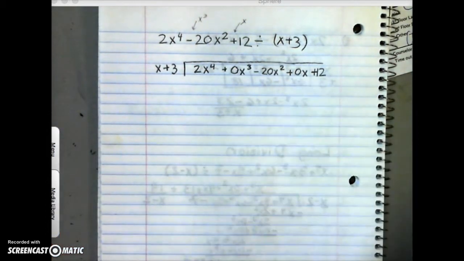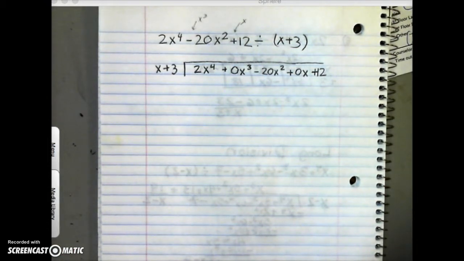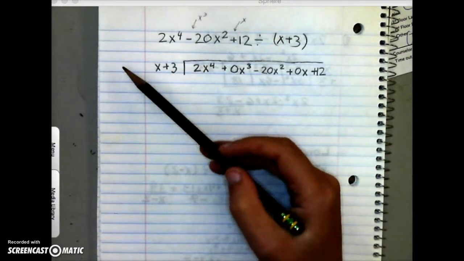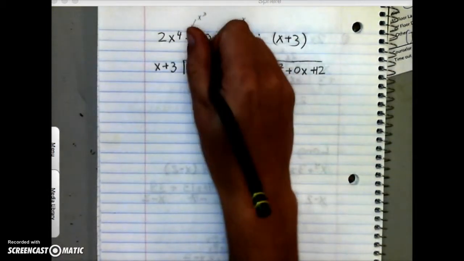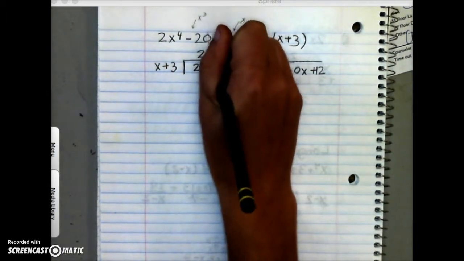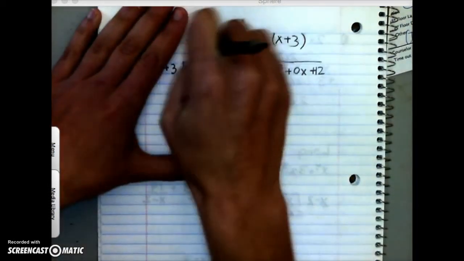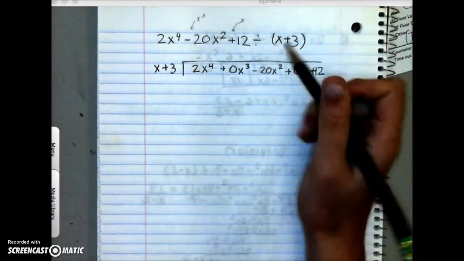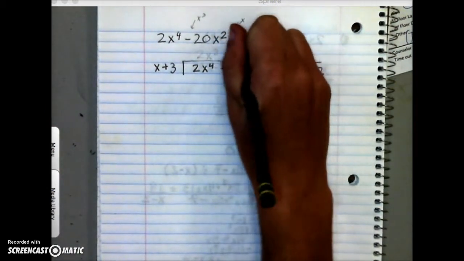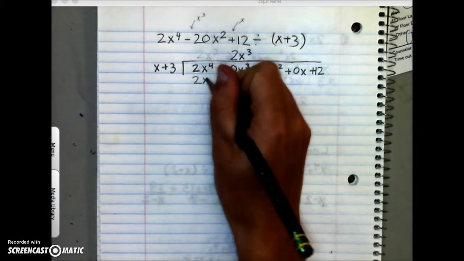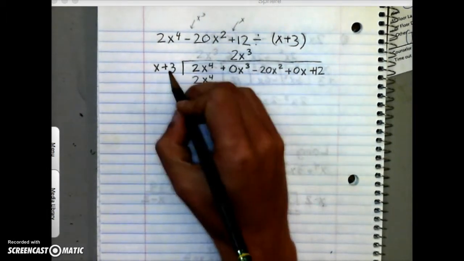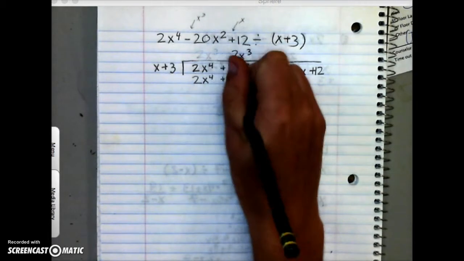Okay. And then we go through and we're going to ask ourselves that same question over and over again. How many times does x go into 2x to the fourth? 2x cubed. Whoa, I have it in the wrong spot. I need it over the top of my x cubed, otherwise I'm going to end up with a mess. 2x cubed. 2x cubed times 3 is plus 6.